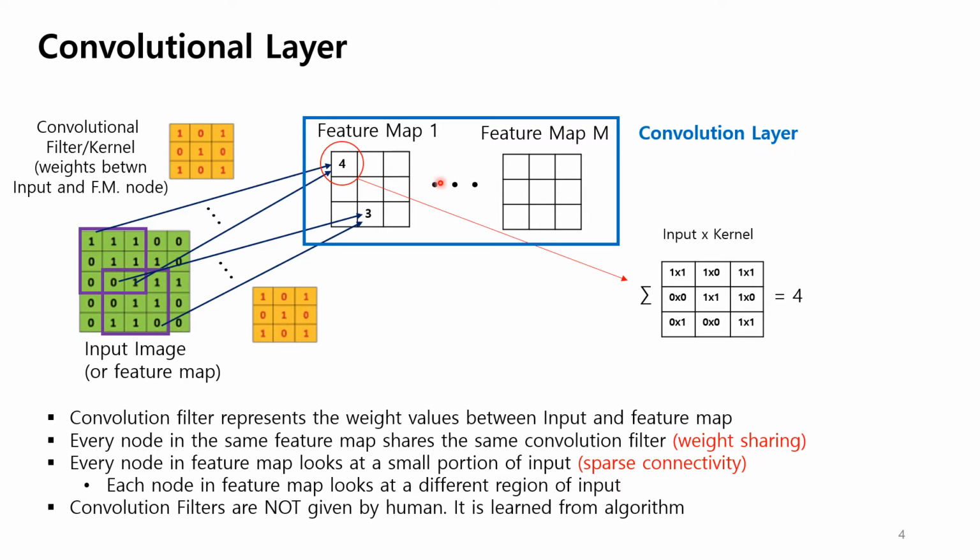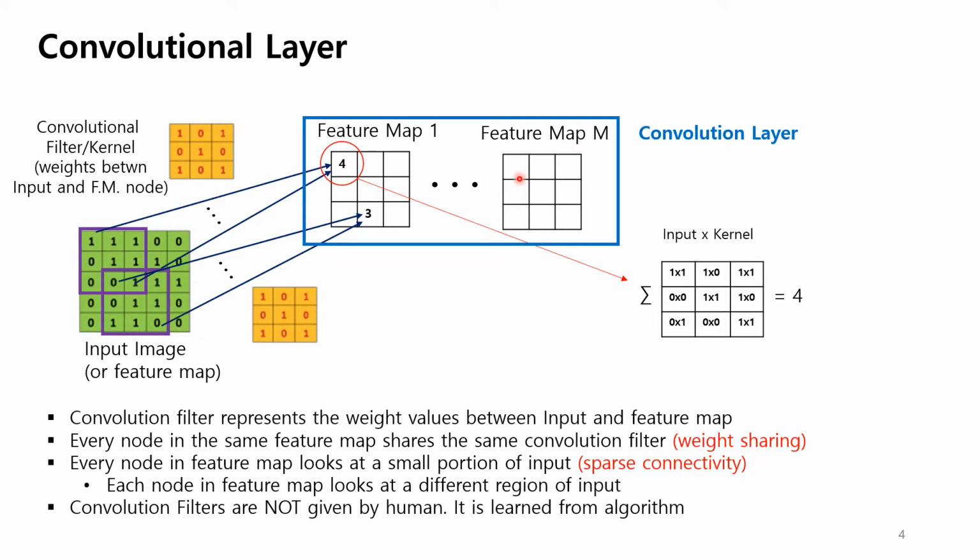A convolution layer has multiple feature maps. So let's say we have another feature map, feature map M. This one also takes its input from the input image. They use the same input image like this.